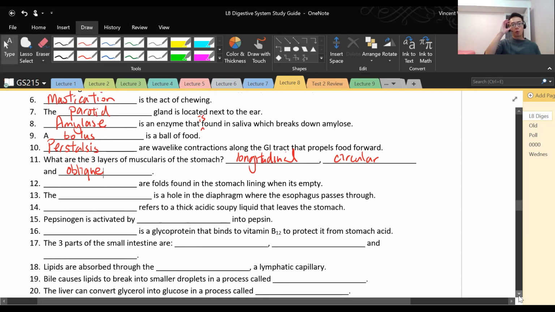Something or folds found in the stomach lining when it's empty. Those are the rugae. Something is the hole in the diaphragm where the esophagus passes through. That's the esophageal hiatus.